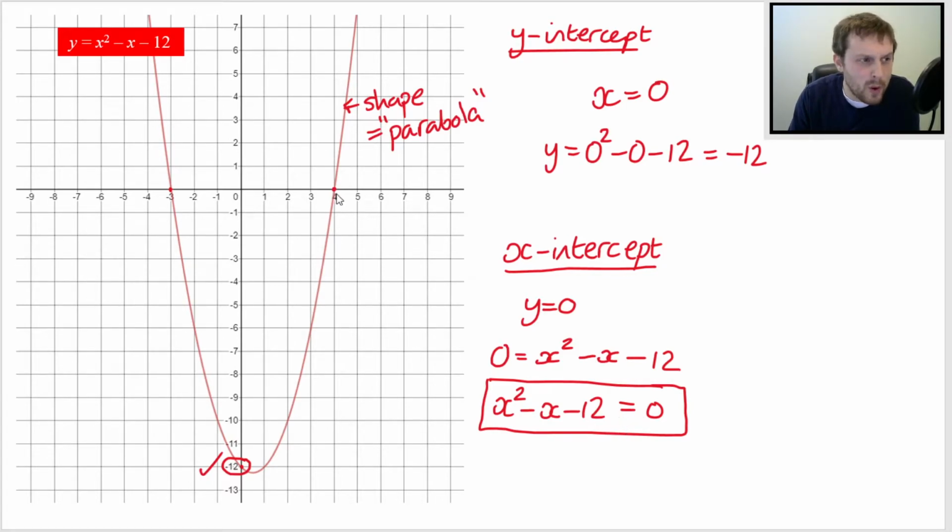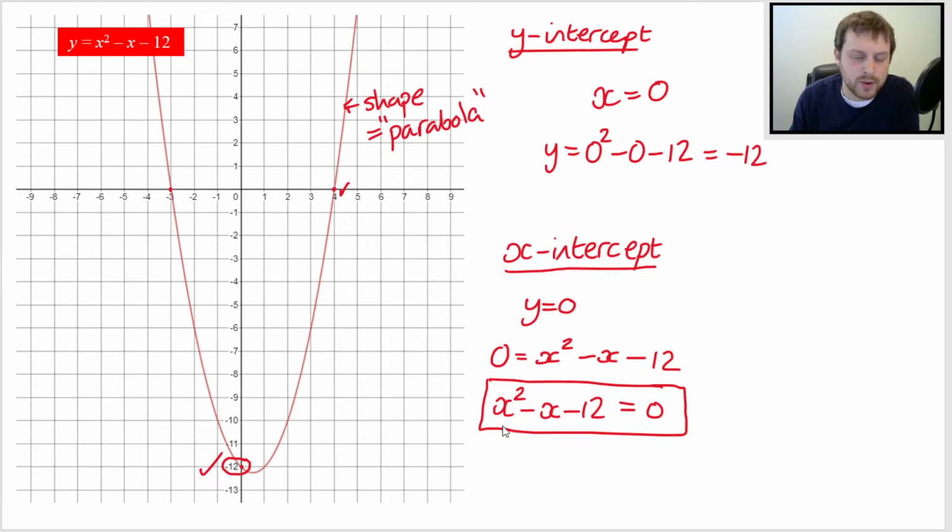We know 4 solves this, and we know minus 3 also solves this. We could even check that out. If you do 4 squared, you get 16. And if you take away 4, you get 12. And if you take away 12, you get 0. So certainly 4 works. Does minus 3 also work?